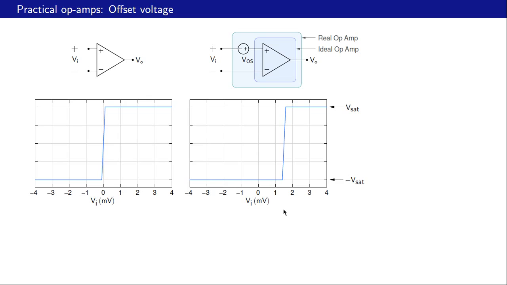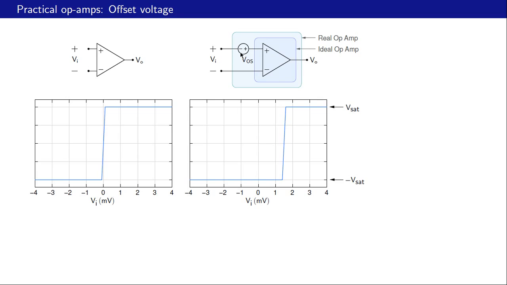Okay, let us now see how to represent the effect of this offset voltage. This is our ideal op-amp. This is our real op-amp. Now in the real op-amp model we have this box here, which is actually the ideal op-amp, and on top of that we have this voltage source here.